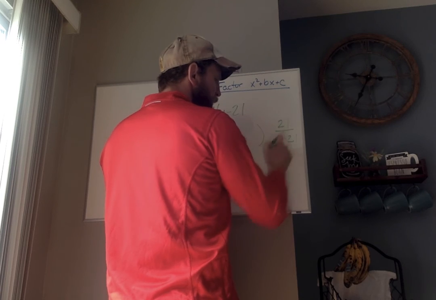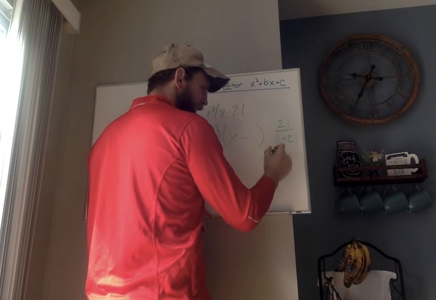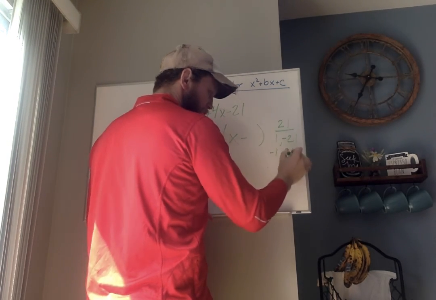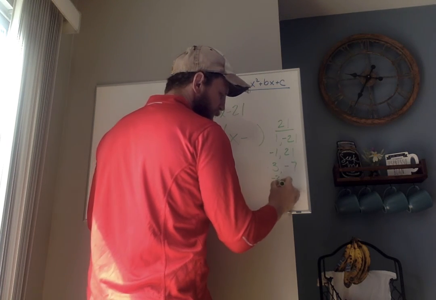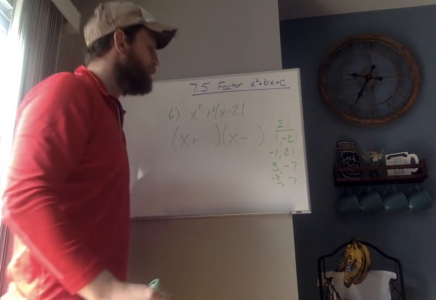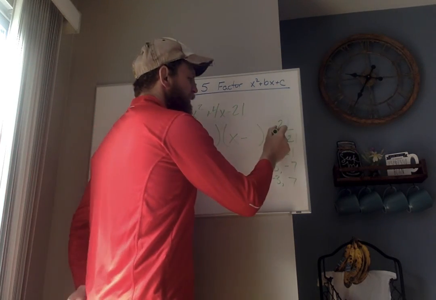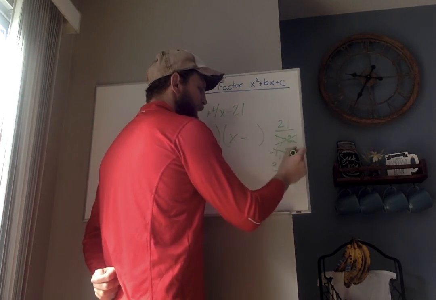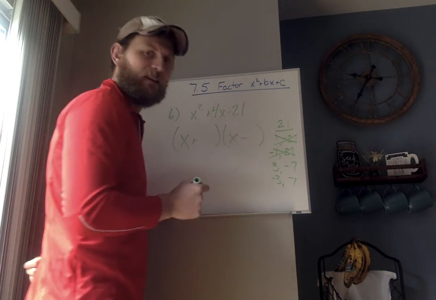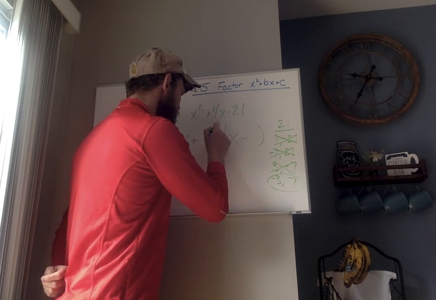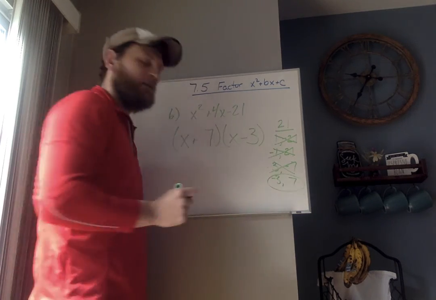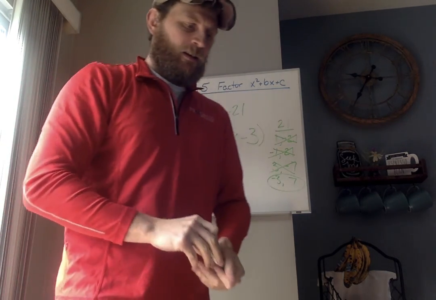All right, so I got to make one positive and one negative. And then I have 3, negative 7, negative 3, and positive 7. So which one could give me 4? Well, this gives me negative 20. That gives me positive 20. So Mason, which one do you think it is? Very good, Mason. This one. There we go. All right. Good luck. Let me know what you need.